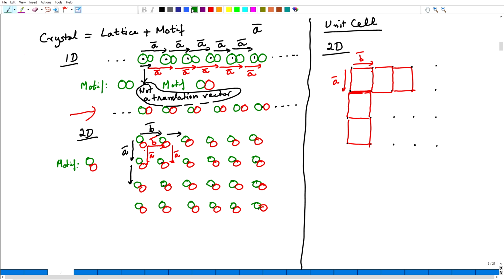For example, I can have a unit cell like this, in which case my translation vectors could be different. So, here for example, it is A, and here it would be, let me call it B prime. In fact, I can draw even more skewed unit cells, which are all perfectly valid unit cells.